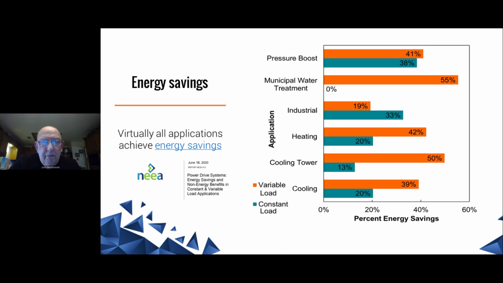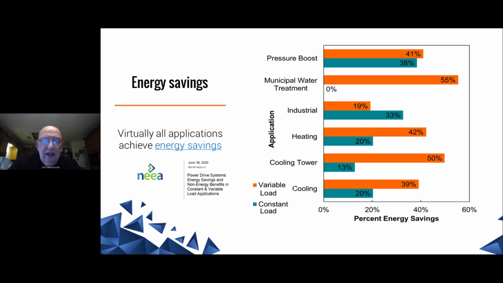Just to kind of mess with your mind a little bit, basically adding a drive with a motor doesn't make something more efficient. It adds about 3% losses to the system for the drive losses, and then it adds a little bit of losses to the motor.